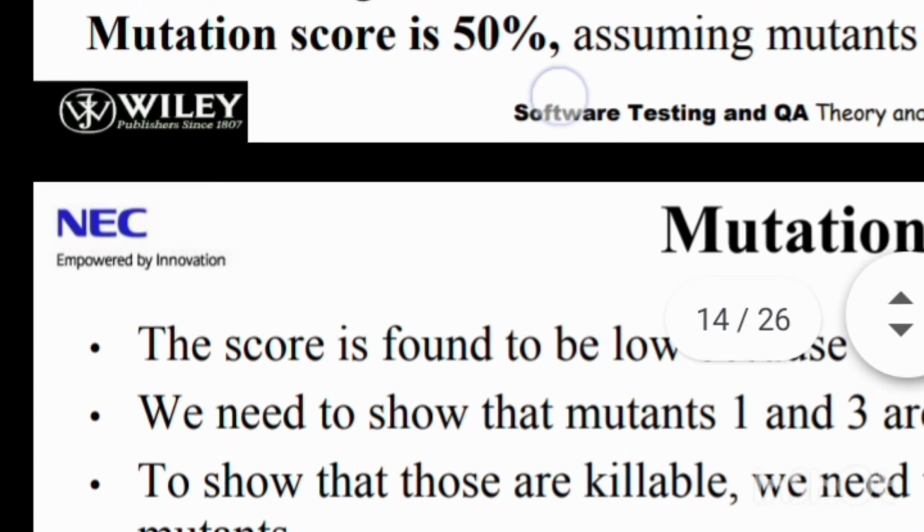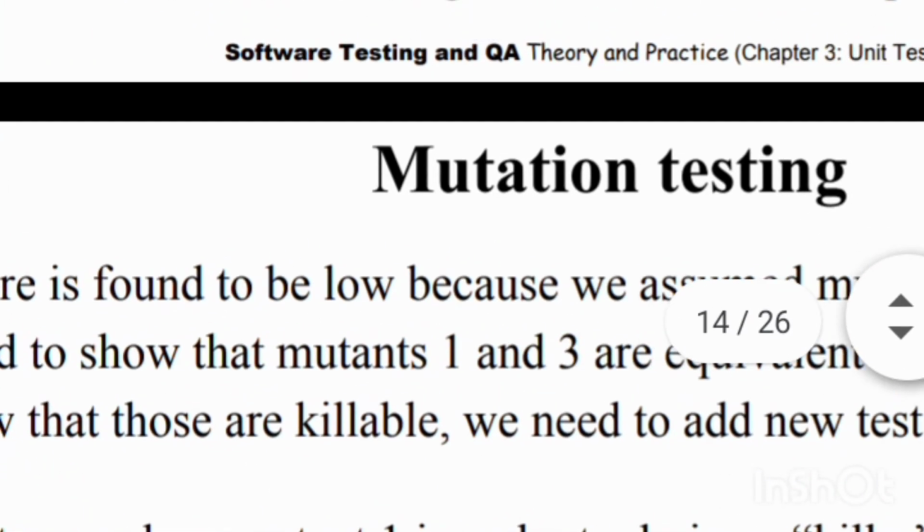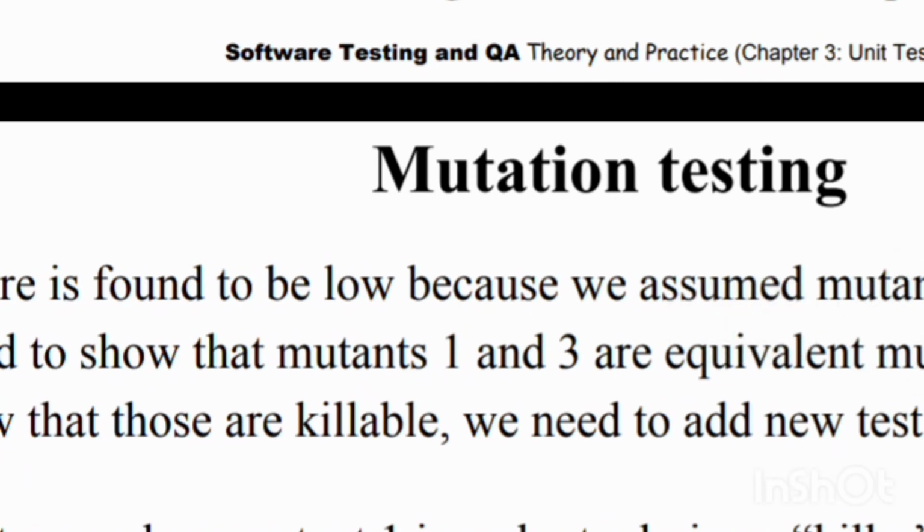The third mutant changes line number 6 to greater than or equals to the previous statement we noted as greater than.